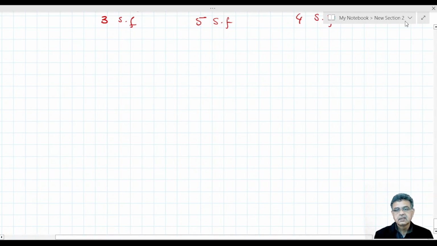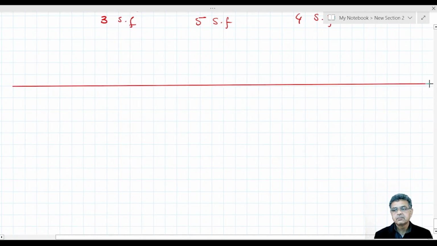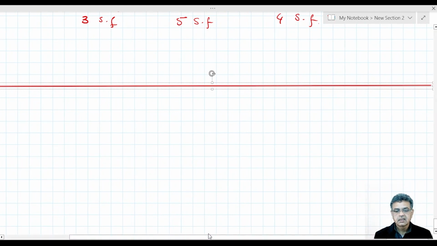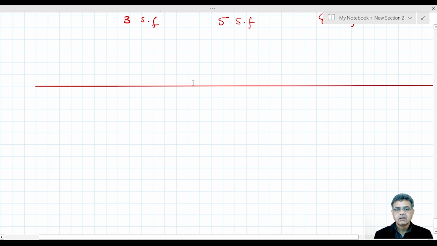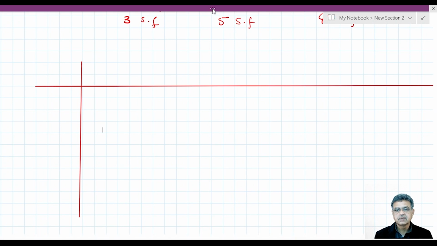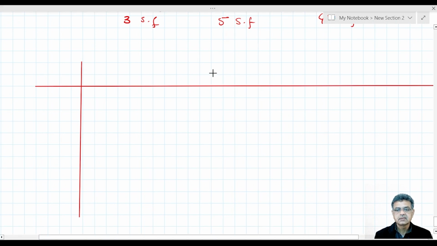So if I make a small table, I think it would be better to compare these things, because leading zeros and trailing zeros are to be considered with both whole numbers as well as decimal numbers.